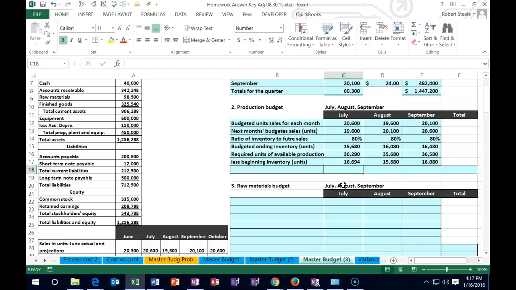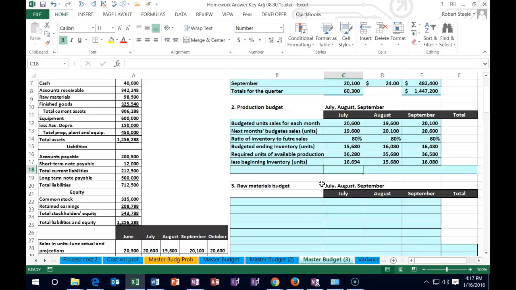So we're going to round it off, let Excel round it. Note that when you're using a calculation that has a rounded number in Excel, it does actually use the actual number, being this ratio, even though it's only showing a rounded number of 16,694. So always keep that in mind when you're working with Excel, because that could drive you crazy if the calculations are a little off and you're thinking, why is that?